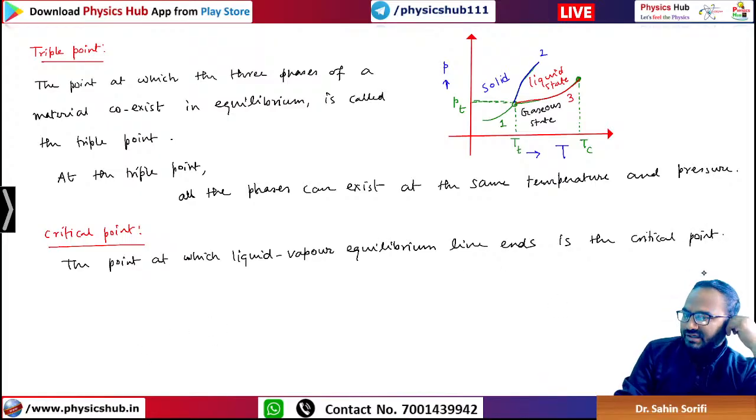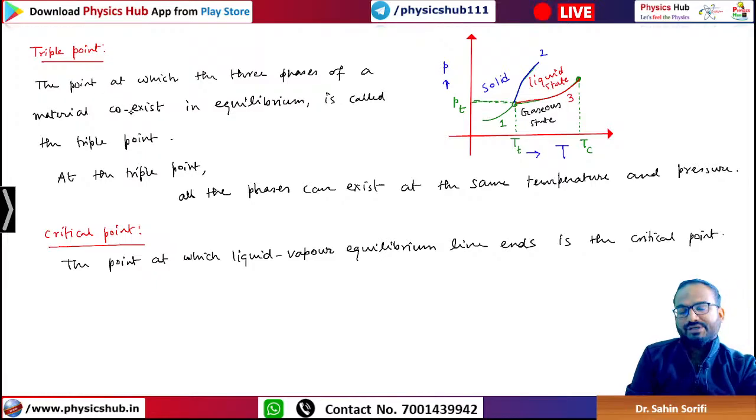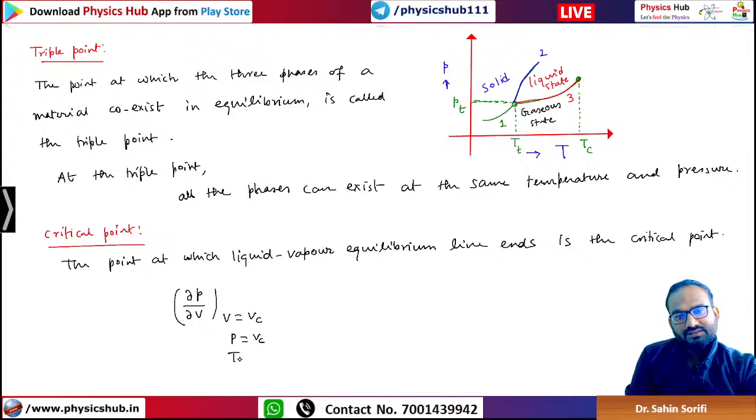So when we talk about the critical point or triple point, we are talking mainly about the temperature. Pressure is also involved, corresponding to the temperature. So for the critical point, del P upon del V at V equals Vc, P equals Pc and T equals Tc is 0.